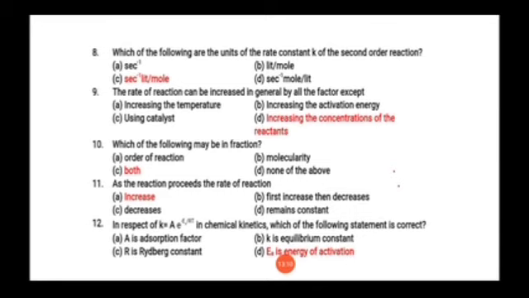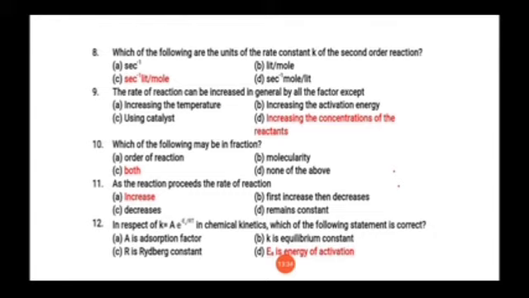Question number 9. The rate of reaction can be increased in general by all factors except, the four options are: increasing the temperature, increasing the activation energy, using a catalyst, or D, increasing the concentration of reactants.